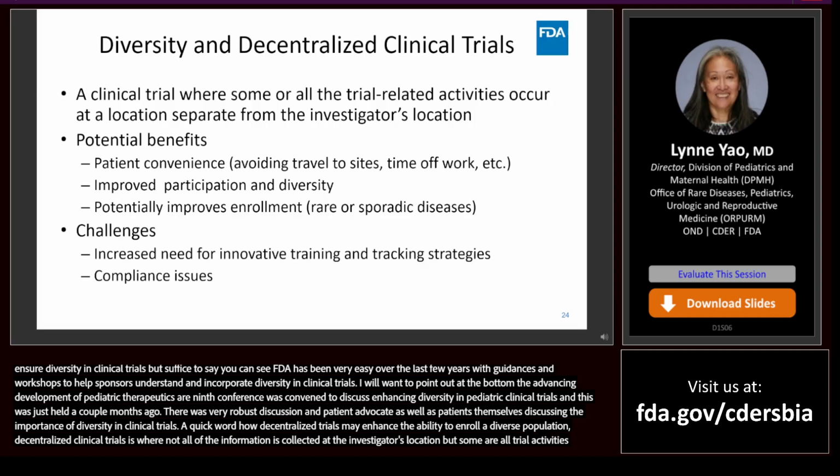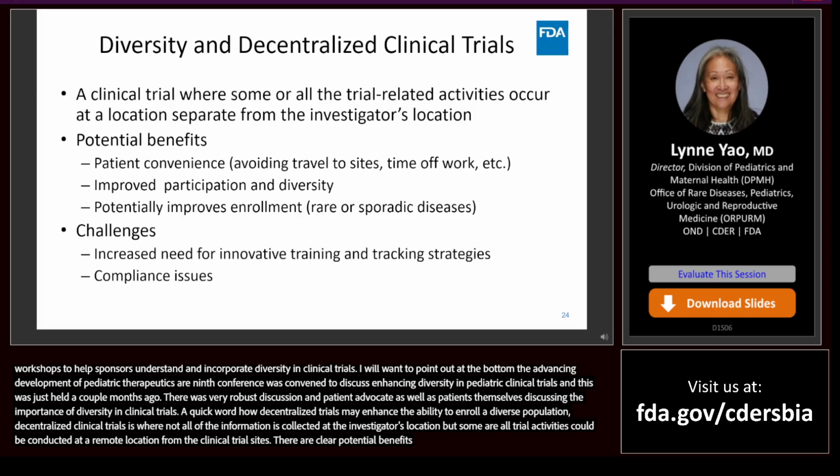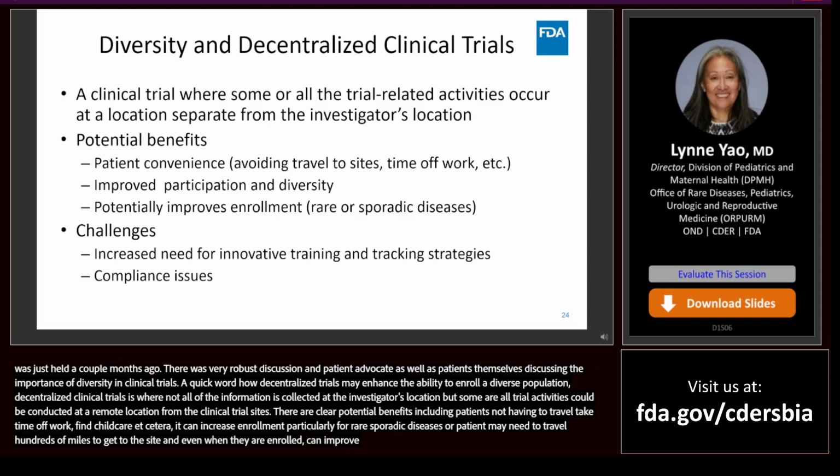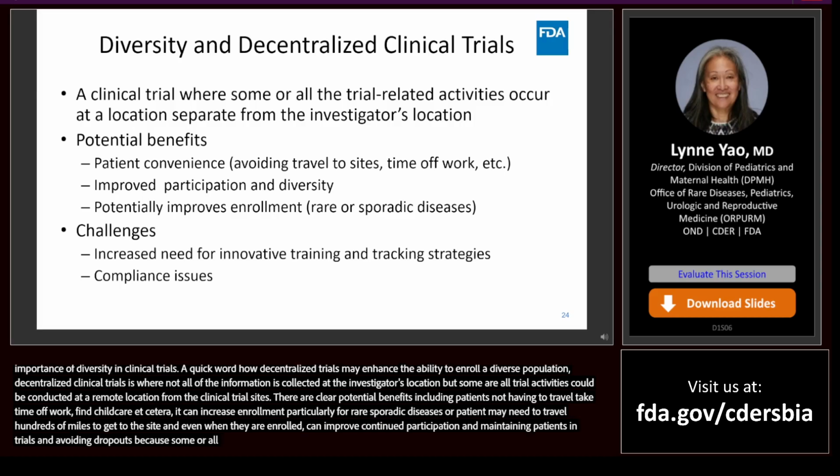There are clear potential benefits, including patients not having to travel to those centers, take time off of work, find childcare, etc. It can increase enrollment, particularly for rare sporadic diseases where patients may need to travel hundreds of miles to get to a site. And even when they are enrolled, it can improve continued participation and avoid dropouts, because some or all of those endpoints and measurements can be collected closer to the patient.